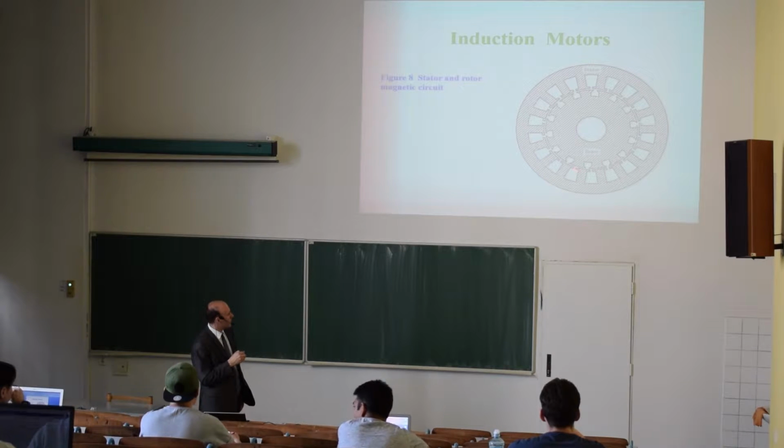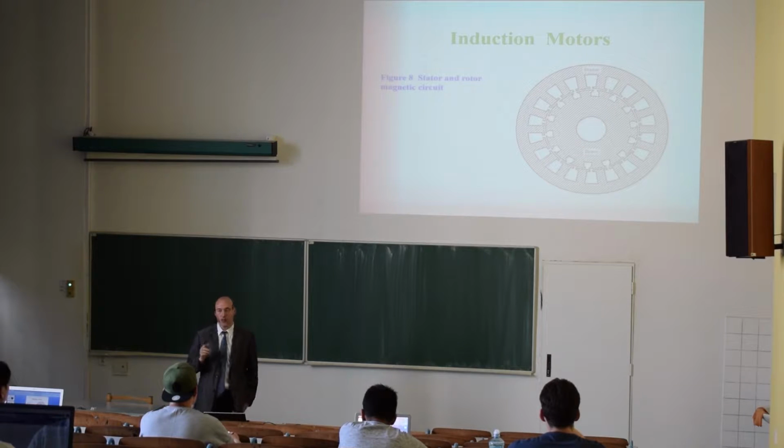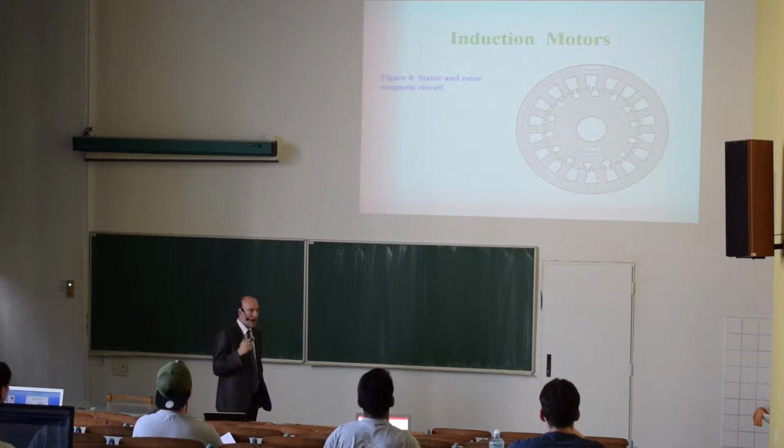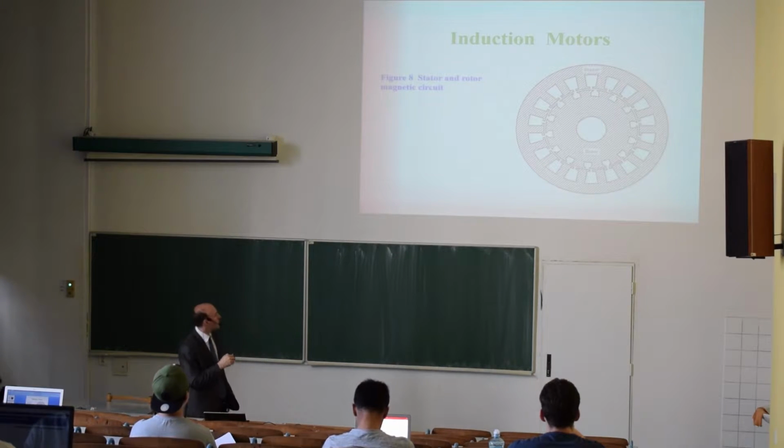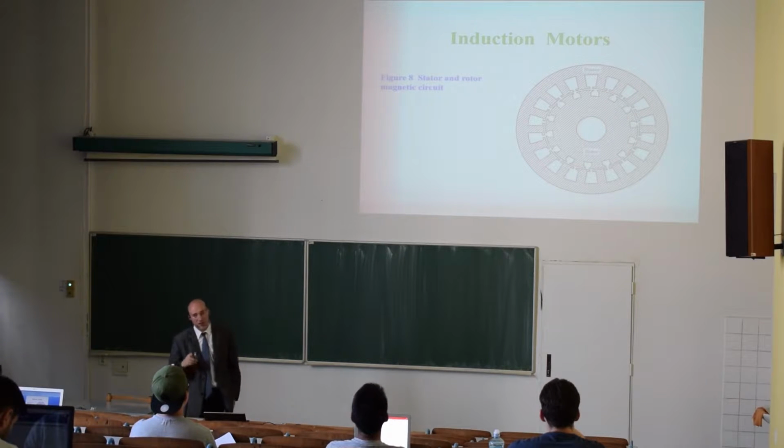The rotor winding, I already told this, can be of two types: either really a copper winding or aluminum bars. When you have aluminum bars in these slots, it's very easy to produce. We will see that in a few minutes in a video, that it's one operation.